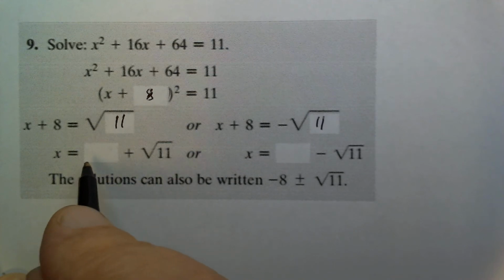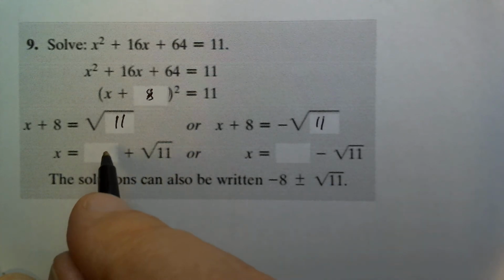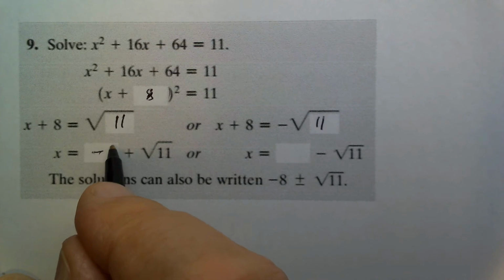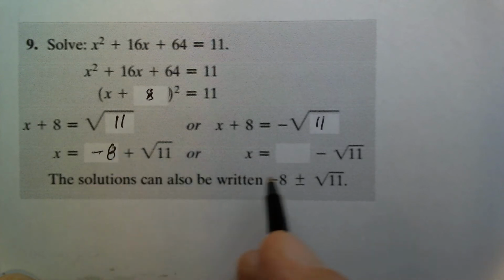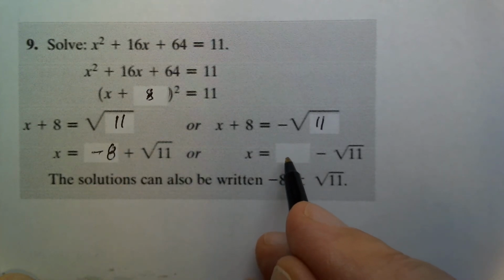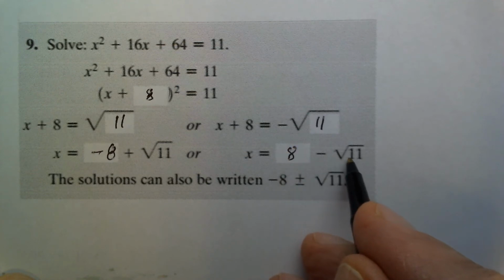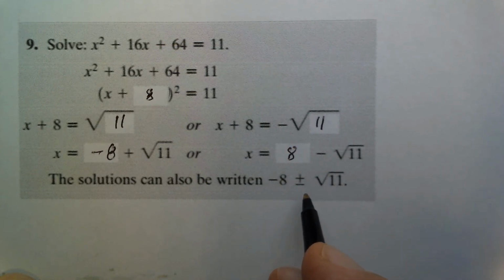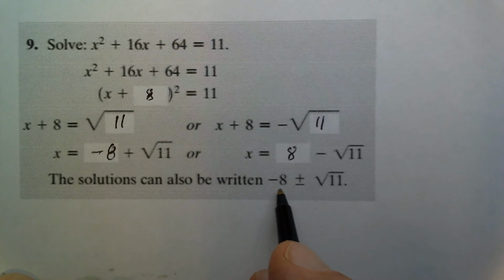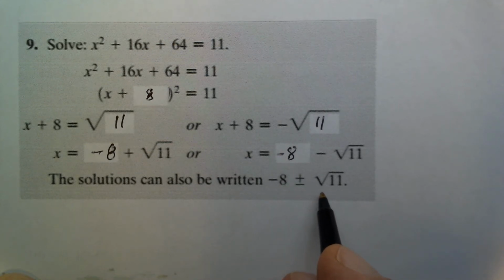So x equals minus 8 plus the square root of 11, and x equals minus 8 minus the square root of 11, which can be written as minus 8 plus or minus the square root of 11.